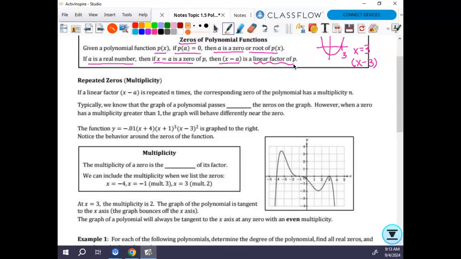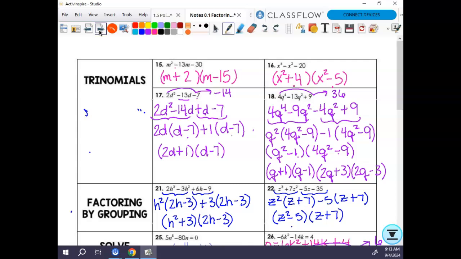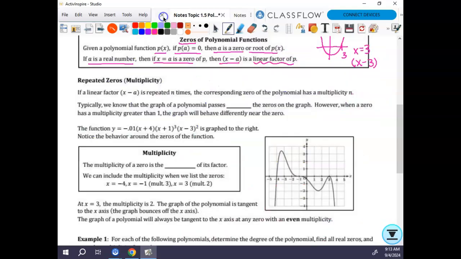So when we factored all of this, right here I have 1, 2, 3, 4 linear factors. That's what we're saying, okay? Even this guy here is also a linear factor, by the way, because 0 is still important. All right. So those are zeros. Again, just kind of a formal definition of something we've already understood.